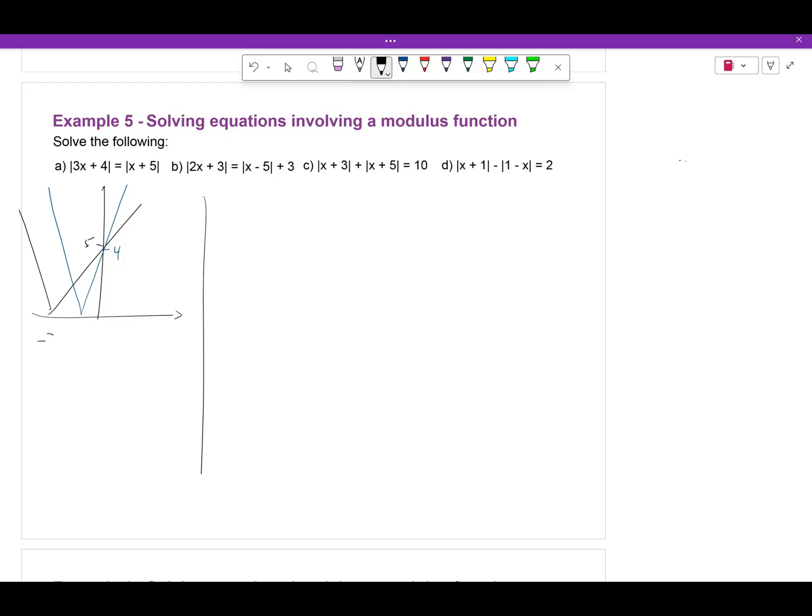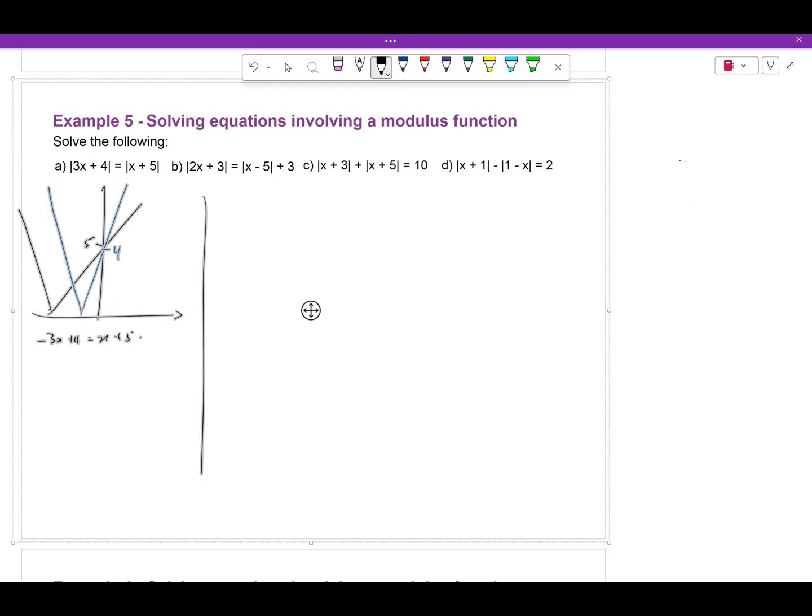So it would be like negative 3x plus 4 equals to x plus 5. So if that's the case, that makes it as... I can do quick maths. 9 over 2. No, negative 1. Is it? Okay, give me a second. It should be minus 4.